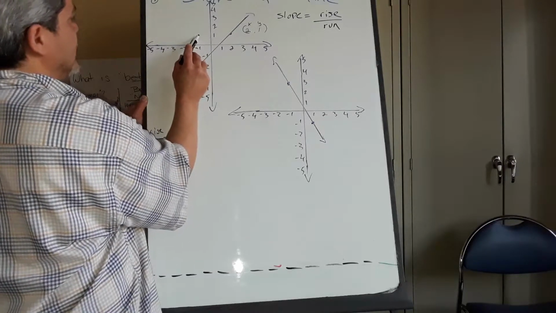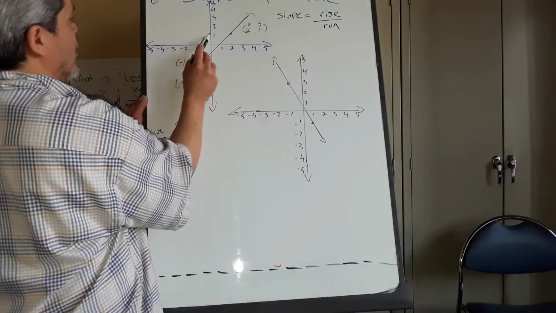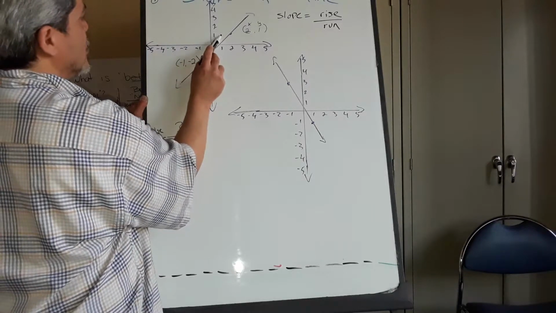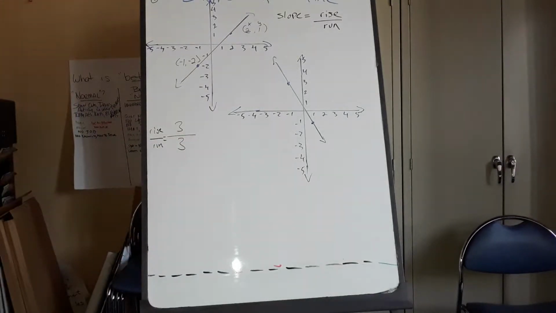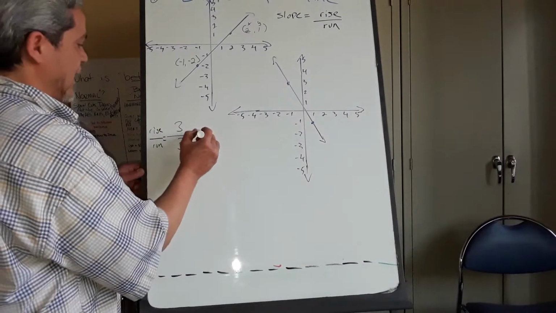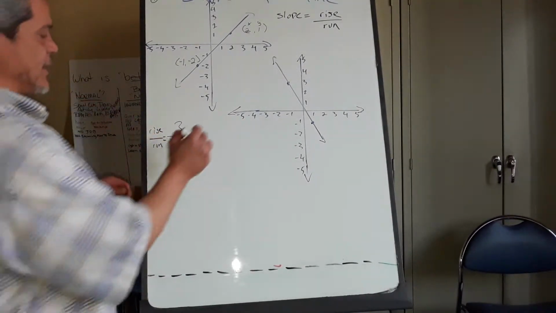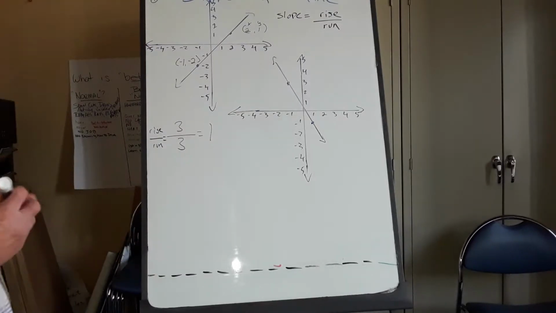And then our run, we're at -1, so 1, 2, 3. So that is a slope of 1, because 3 divided by 3 is 1. That is our slope.